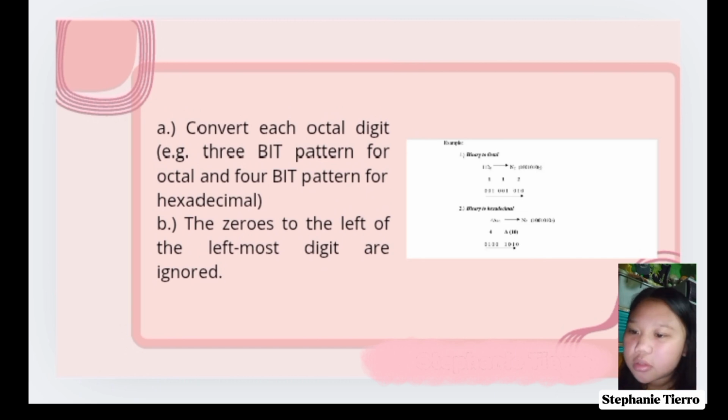Yan. So, try natin yung example. Binary to octal. So, ibababa natin itong 1, 1, 0, 0, 1, 0, 1, 0, 1, 0. Sakto na. Ay, sobra. So, sabi niya dito, 3 bits pattern.